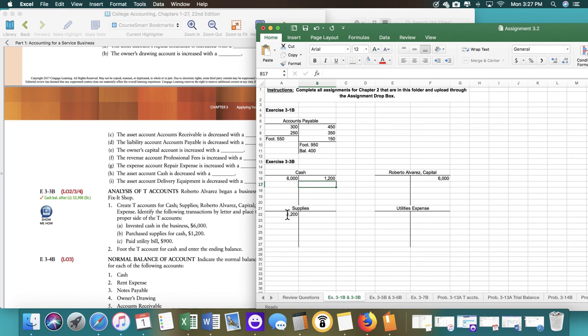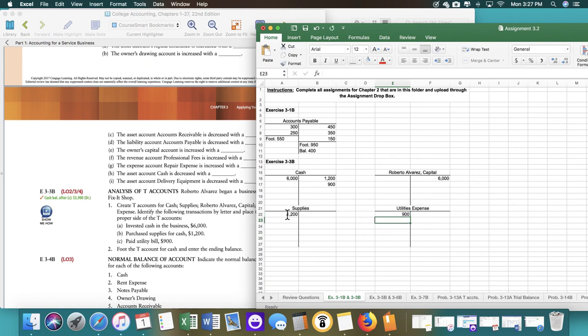Now, the last transaction is we paid the utility bill. So we're going to decrease cash by $100, so we're going to credit it. And we're actually going to debit expenses.